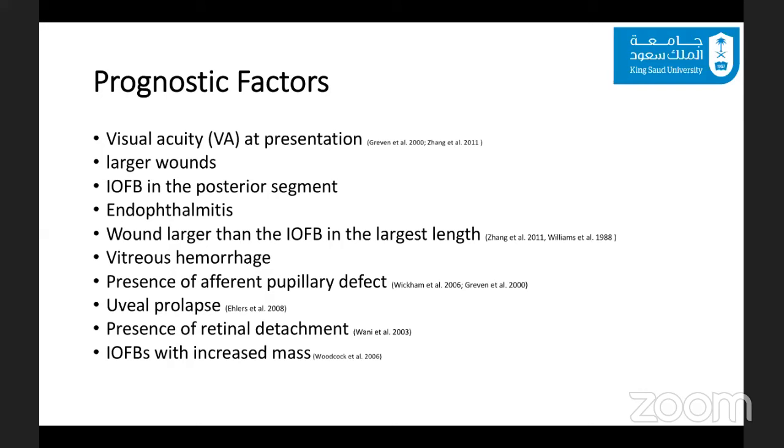Endophthalmitis at presentation usually has a worse outcome, and we will see a video of a similar case with a similar presentation. A wound larger than the intraocular foreign body in its largest length is considered a bad prognostic factor. Vitreous hemorrhage is also a bad prognostic factor, in addition to the presence of retinal detachment, uveal prolapse, and the presence of APD at presentation.